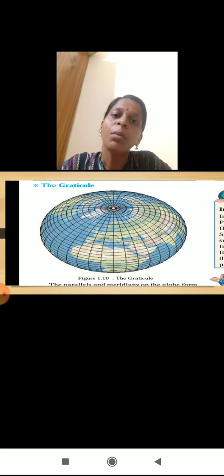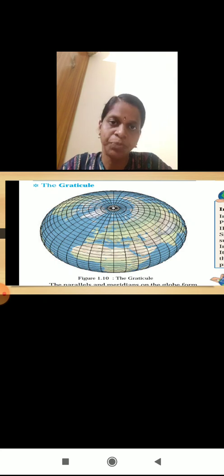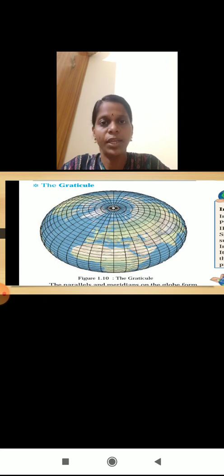This makes it easy to know the climatic condition as well as the exact time of that particular area. As I told you, the time as well as the climatic condition differs from place to place, so these imaginary lines help us to know in detail about that particular area.